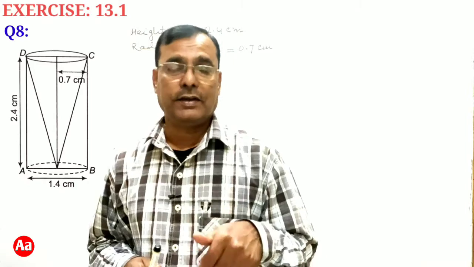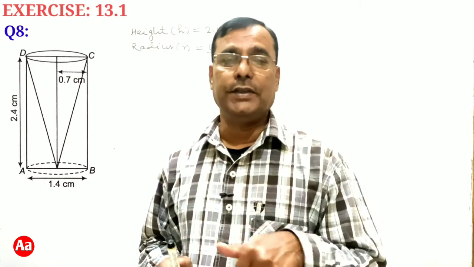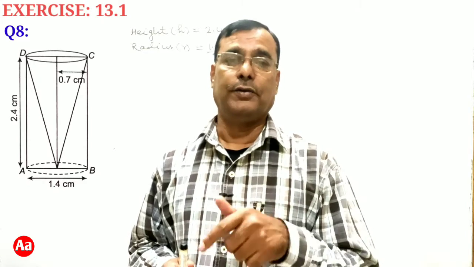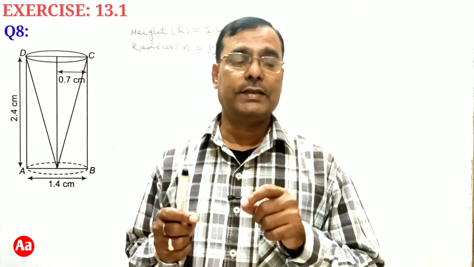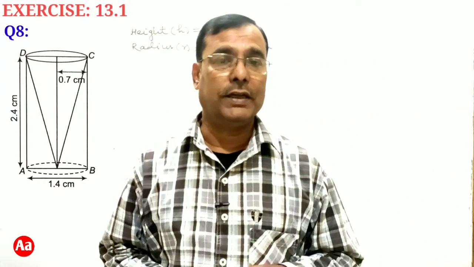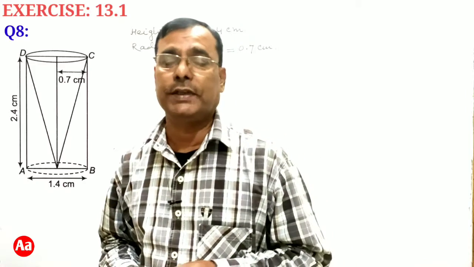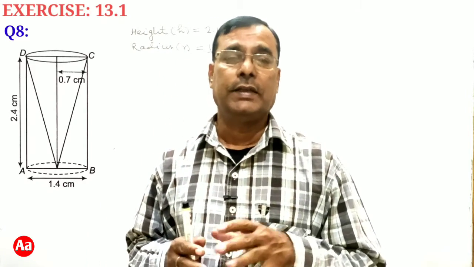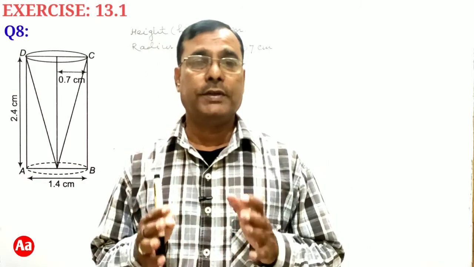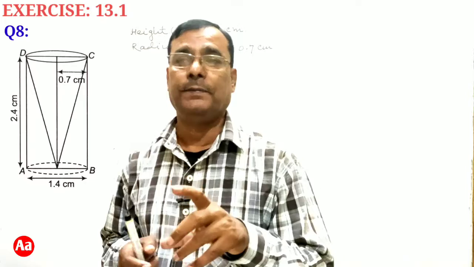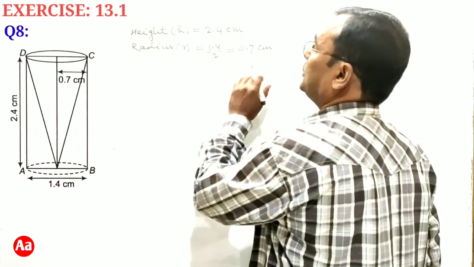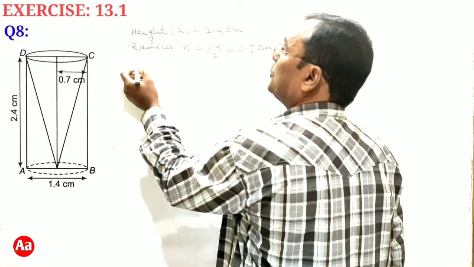To find the curved surface area of the conical cavity using pi r l, we need the slant height l of the conical cavity, whose radius is 0.7 centimeter and height is 2.4 centimeter. So let's first calculate the slant height of the conical cavity hollowed out from the solid cylinder.